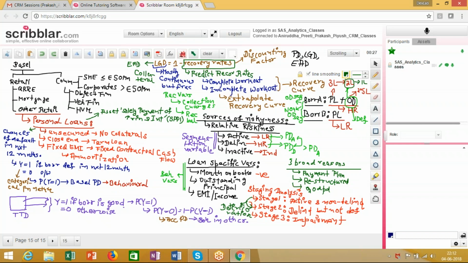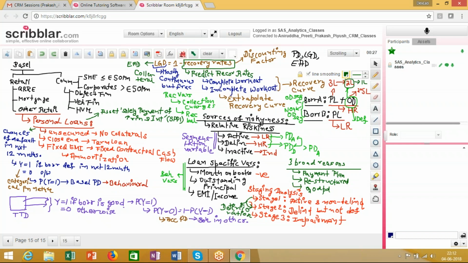So at acquisition, you had a PD. Now, say after 5 or 6 months of operation, you have a higher PD. So what you see is that your PD has degraded from the acquisition PD. So now you are a relatively more risky borrower than you were at origination, right?